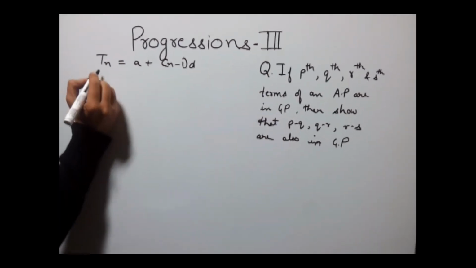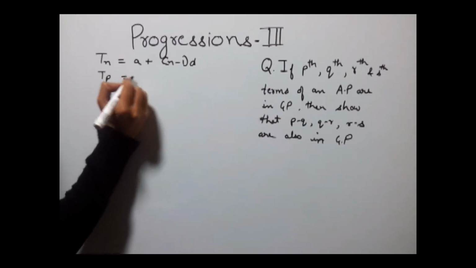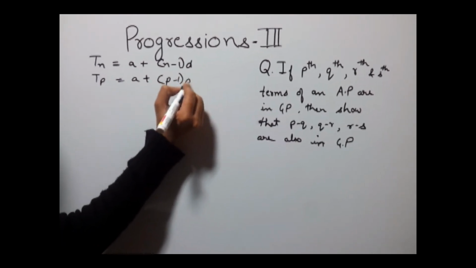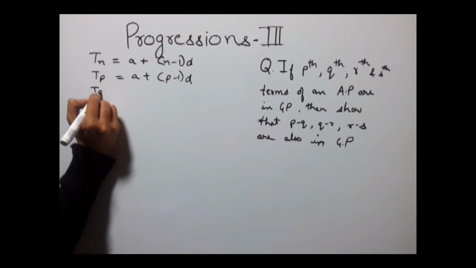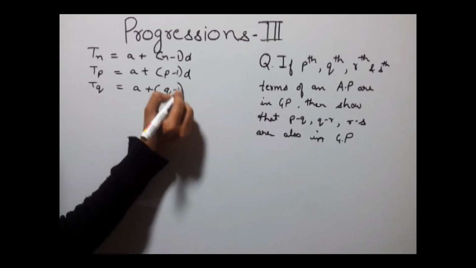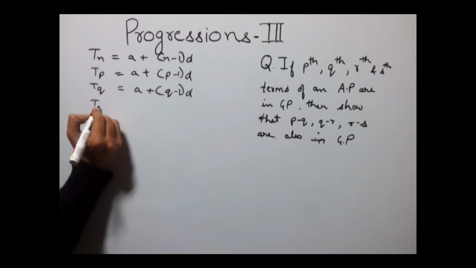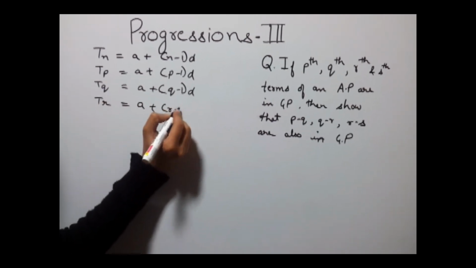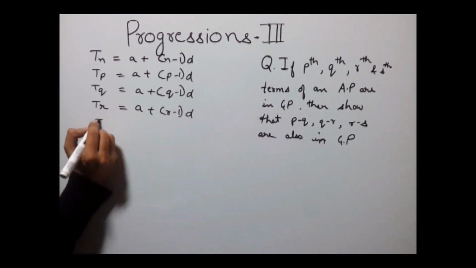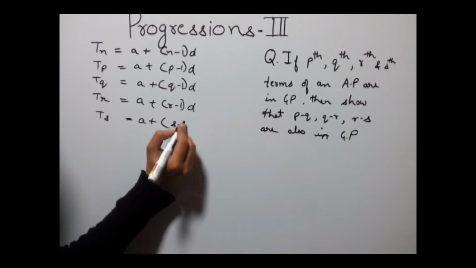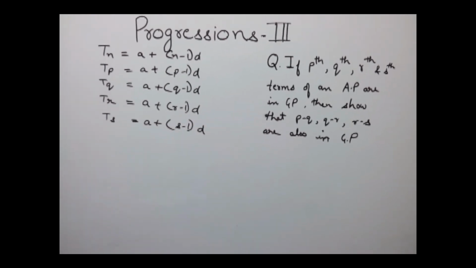So for the pth term, that is Tp, the term will be A plus P minus 1 into D. Similarly, TQ will be equal to A plus Q minus 1 into D. Similarly, TR will be equal to A plus R minus 1 into D, and TS will be equal to A plus S minus 1 into D.